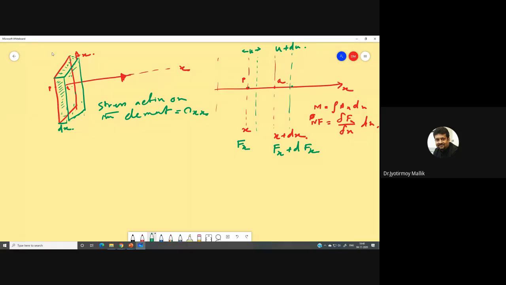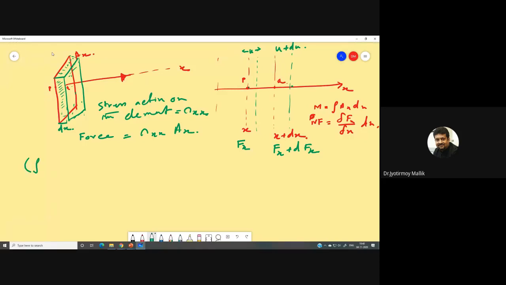So what would then be the force? Force per unit area is stress, so force would be sigma xx Ax, and we have also calculated the net force from another formula. We know Newton's second law, F is equal to m a. What is the m I have found out?